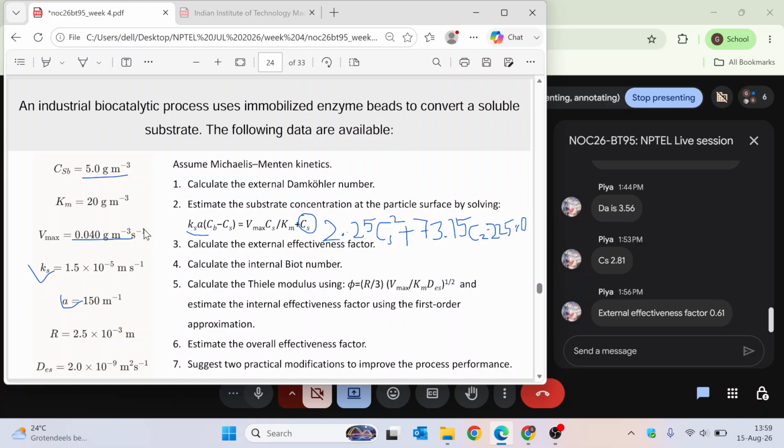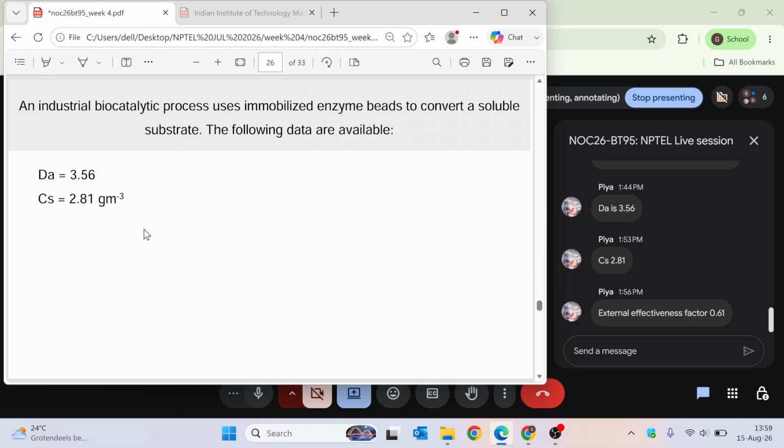So the next question is about your external effectiveness factor. How you can find your external effectiveness factor is, it can be the ratio of your observed rate and the ideal rate in the system.